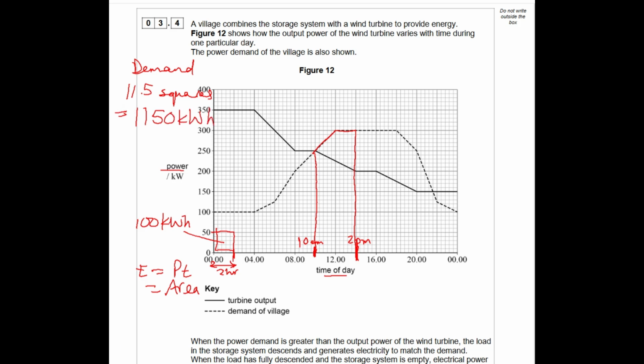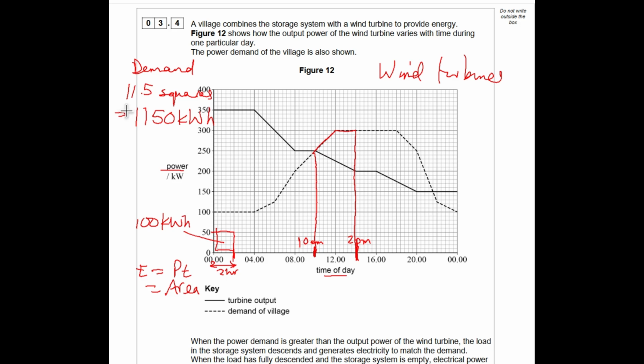Now, if you look at just the wind turbine, how many squares is that? 1, 2, 3, 4, 5, 6, 7, 8. You will probably have to work out the area of this one, I think.